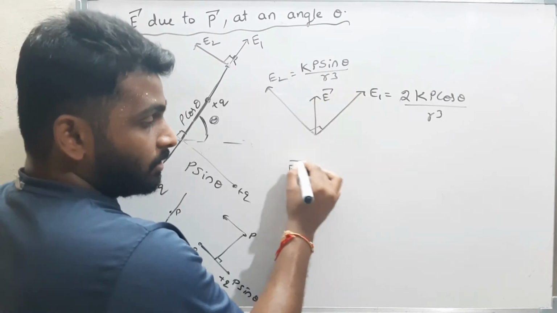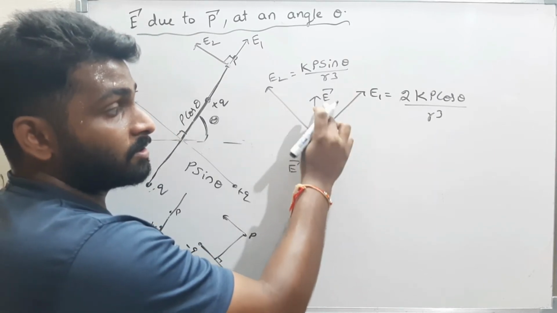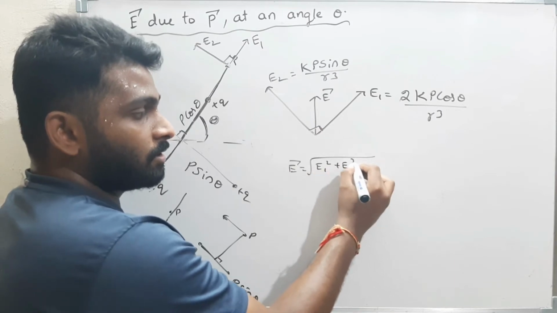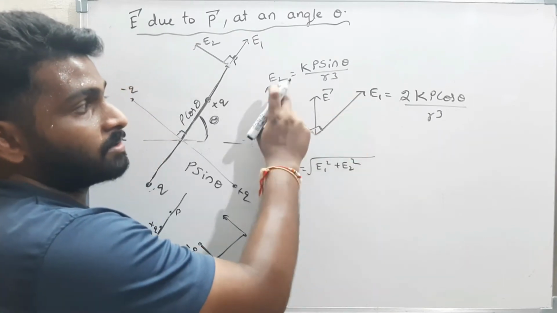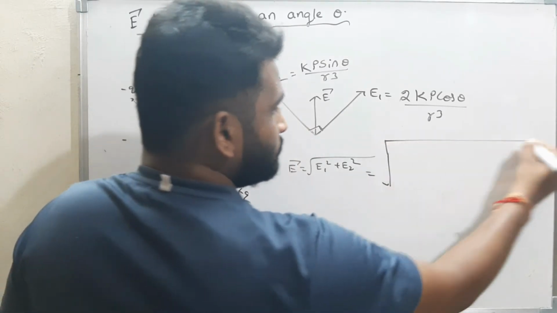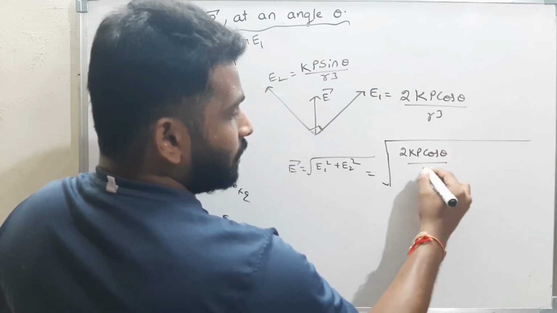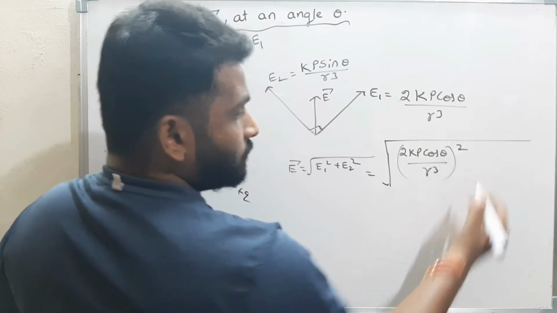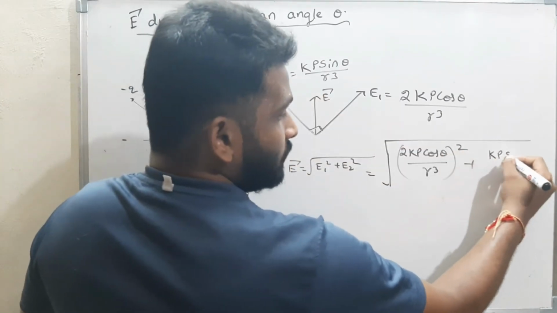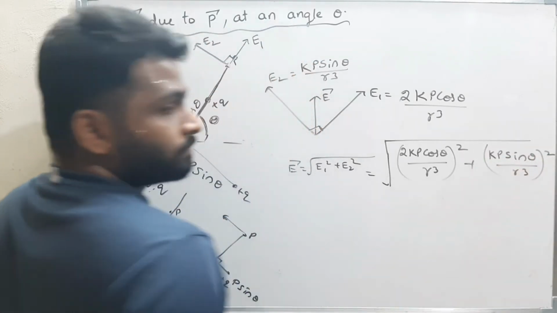Now, what is the resultant? This is E. E is nothing but two vectors making an angle of 90 degrees, so the resultant is the root of E1 square plus E2 square. Now solve it. Root of (2kp cos theta by r cube) whole square plus, what is E2, (kp sin theta by r cube) whole square.